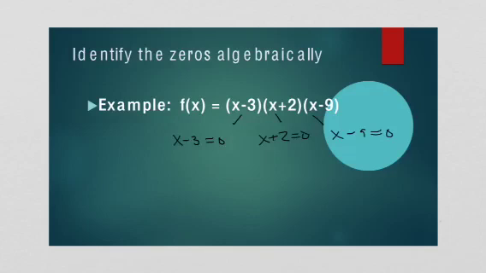And I solve. If I add 3 to both sides, x equals 3. Over here I find x equals negative 2, and here x equals 9. And those are the zeros of this function.